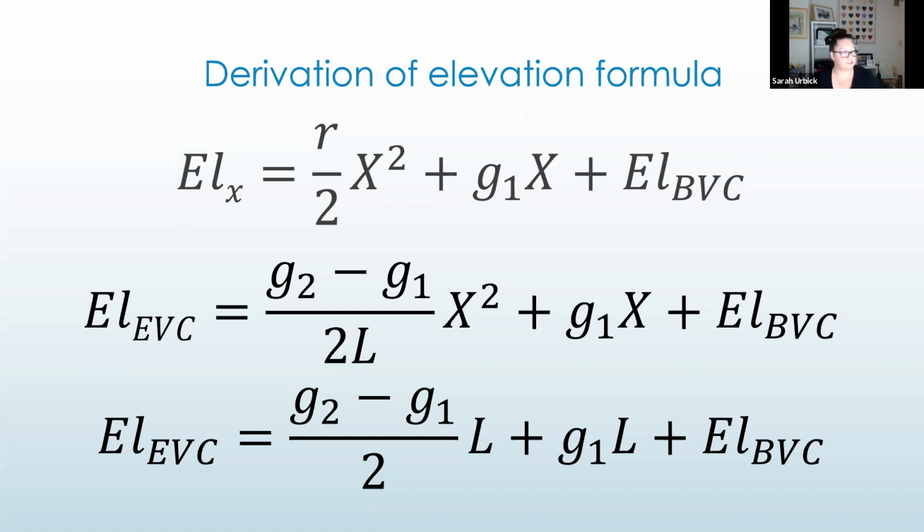Sorry. Because if L equals X, one of them cancels, right? So it's just one L plus G1 times our length, which is this second section of the equation. And our third section stays the same. It's our vertical elevation. What's our starting point? So to find the elevation at the next point, this is the formula we're going to use.